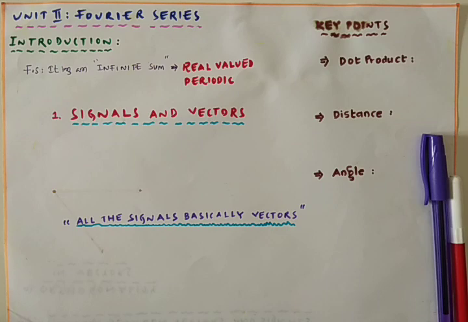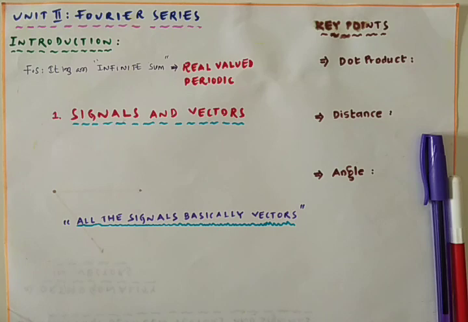Signals can be represented in vector form because we have the analogy between signals and vectors, so all the signals are basically vectors. We know that a vector is a quantity which has magnitude and direction. For example, a train running at 70 kilometers per hour from Hyderabad to Warangal.